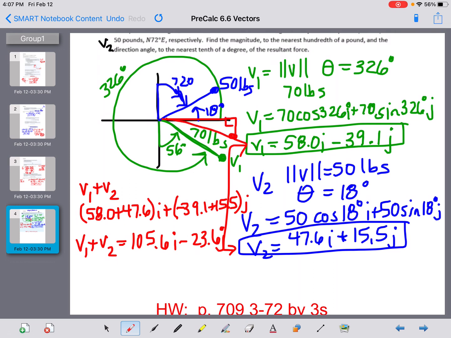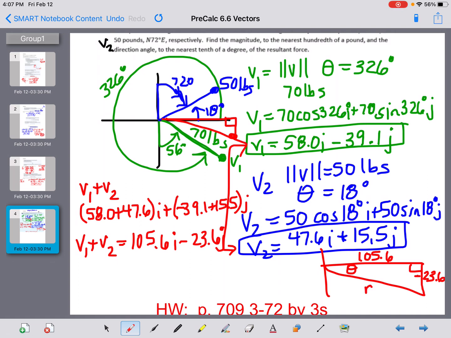If you can kind of visualize where that vector is, it goes across 105.6, comes down 23.6. Okay, I'm going to just draw it over here so I have it away from that other picture. It's a little clearer because there's my theta. I'm over 105.6. I'm down 23.6. I'm in my fourth quadrant, right? And I need my R over here.